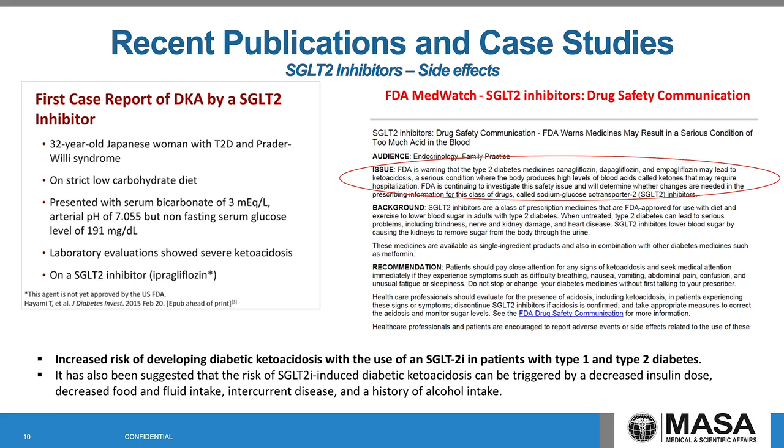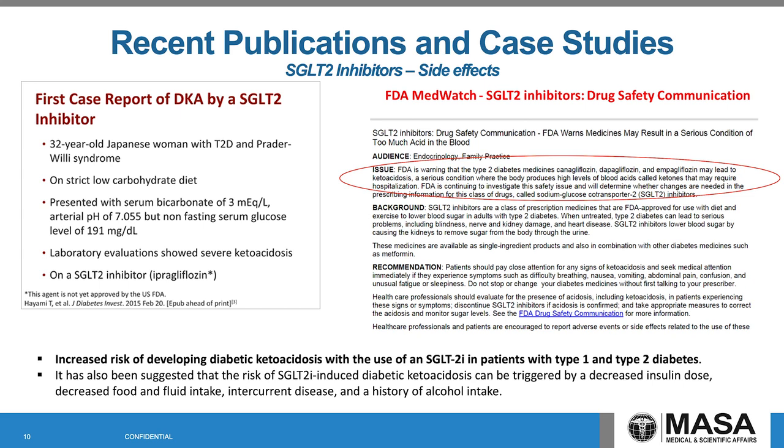The problem is so visible and so important that a few years ago, the FDA issued a warning regarding the use of SGLT2 inhibitors. As we can see here, the FDA is warning that the type 2 diabetes medicines that belong to SGLT2 inhibitors may lead to ketoacidosis, which is a serious condition.